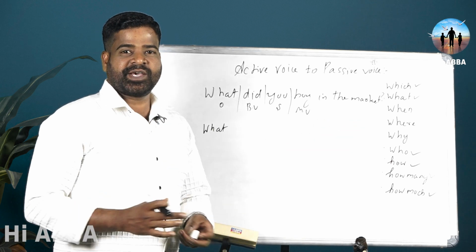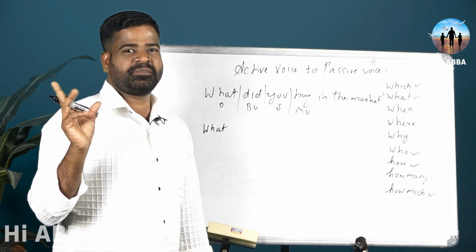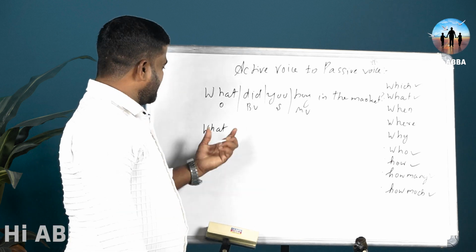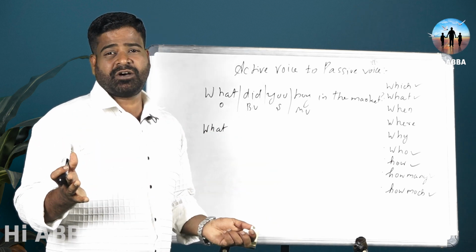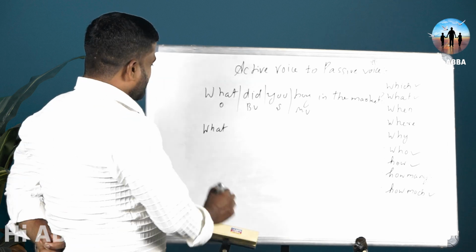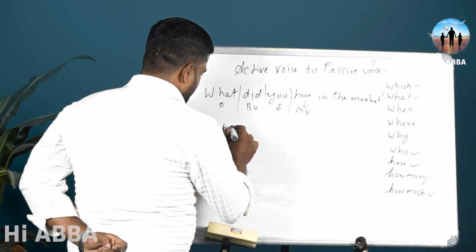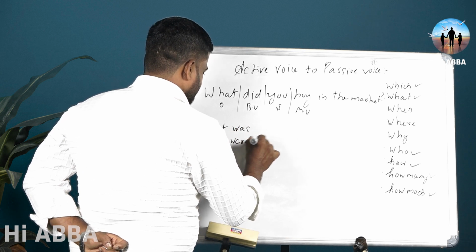And vegetables in the sense of not only one vegetable. No, we don't buy only one. We will buy various vegetables. For instance, he could buy one vegetable, otherwise he could have bought so many vegetables. So this what can be written in both ways. He can write was, or he can write were.